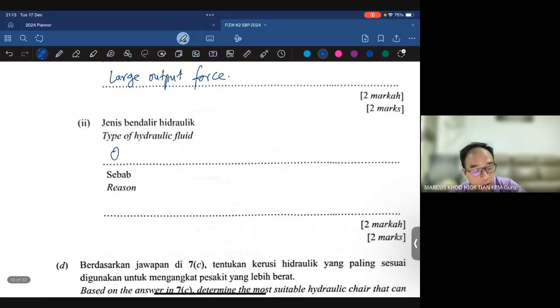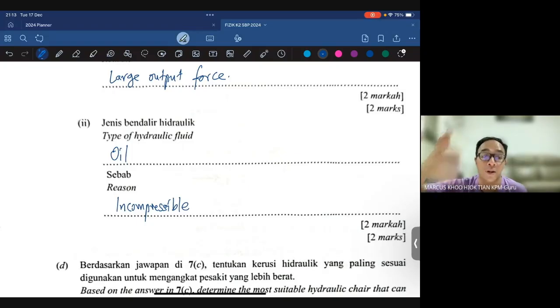We use oil. The standard answer for oil is because it's incompressible, it cannot be compressed. Either incompressible or difficult to form air bubbles. But recently I heard that we cannot use the phrase difficult to form air bubbles, because the better word is incompressible. That's a better answer.